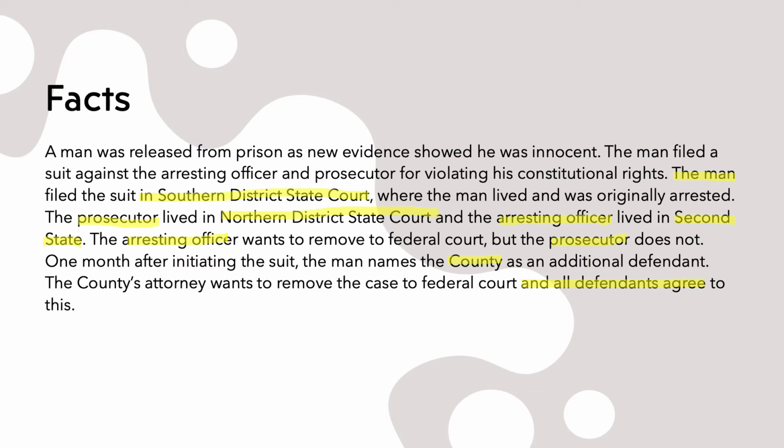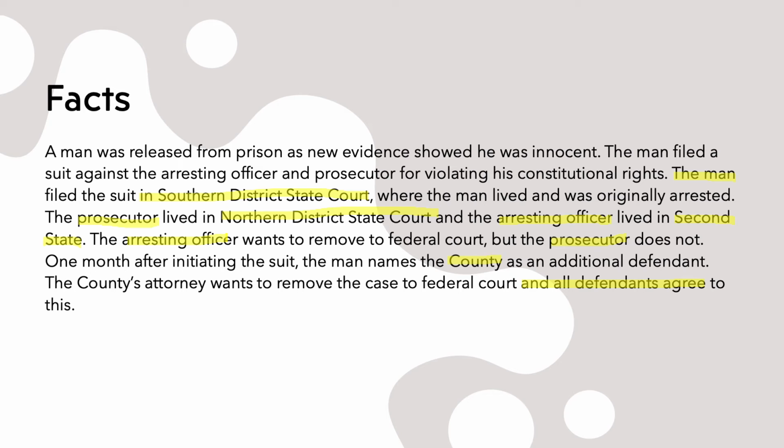So I'm thinking that Southern District State Court. I don't necessarily care where the prosecutor and the arresting officer lived or live now. I'm thinking the most proper way to remove, if they can remove, and it seems like they can, is to have it removed, because they all agree, to that Southern District State Court.